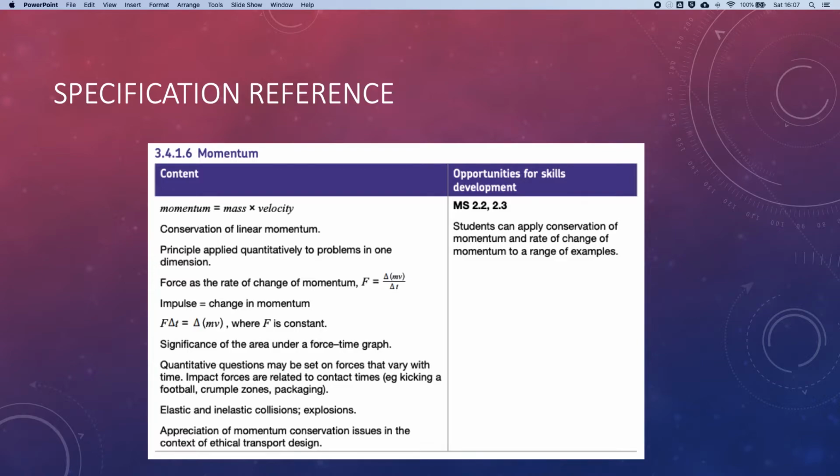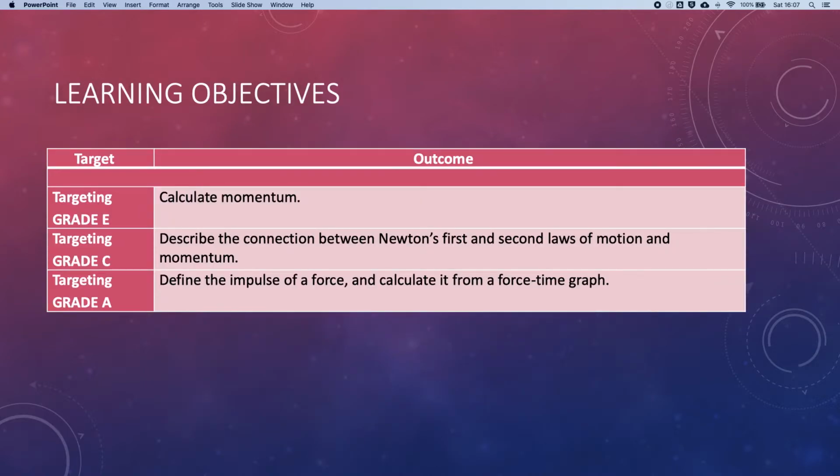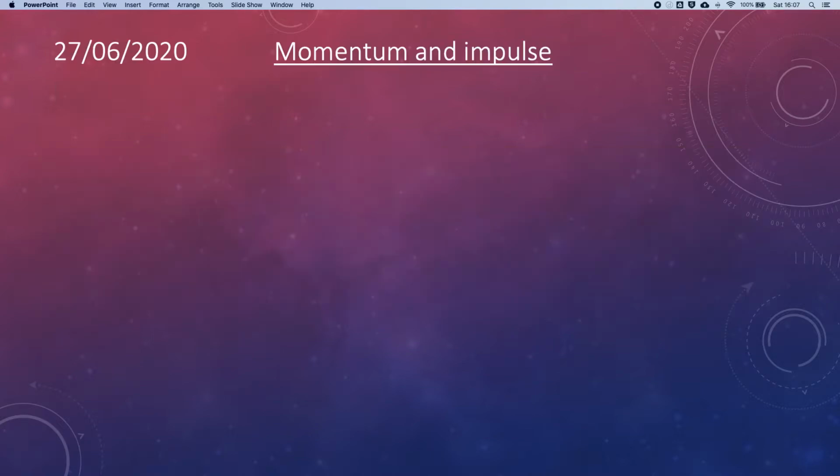So, fairly straightforward. We'll run through it this week. This lesson, we want to calculate momentum, describe the link between Newton's laws of motion and momentum, define the impulse of a force, and calculate it from a force time graph.